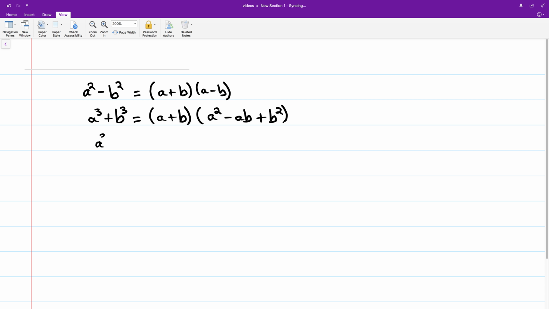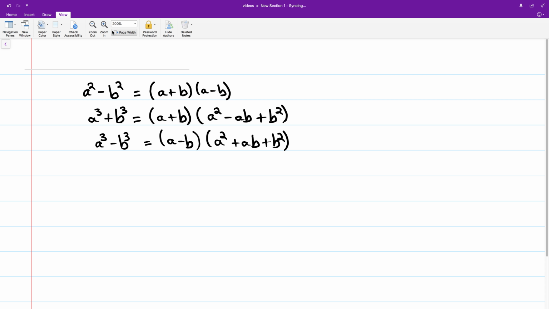And for what we have in the case of the difference of cubes, we have the quantity of a minus b times that of a squared plus ab plus b squared.